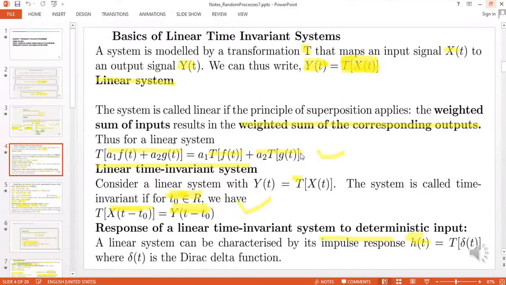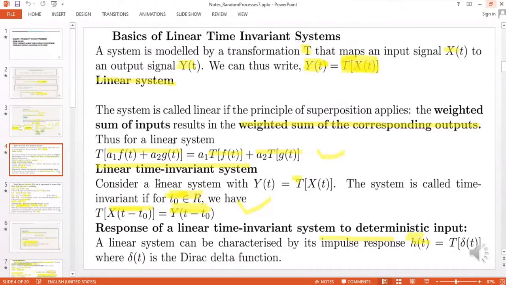This is the linearity property for any transformation, which you learned in your first semester in vector spaces, where you studied linear transformations. This is the linearity condition.